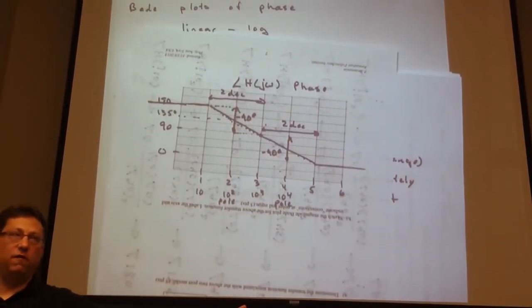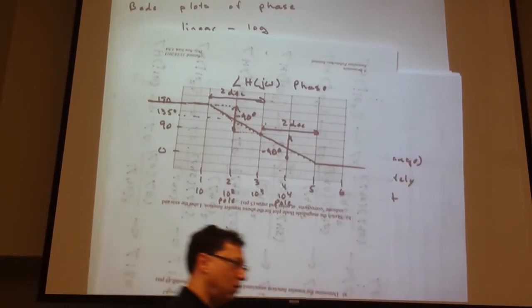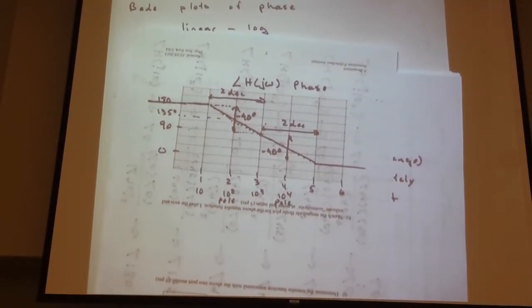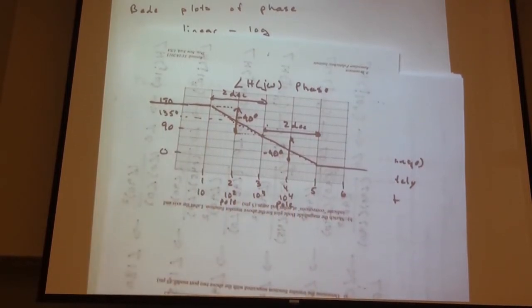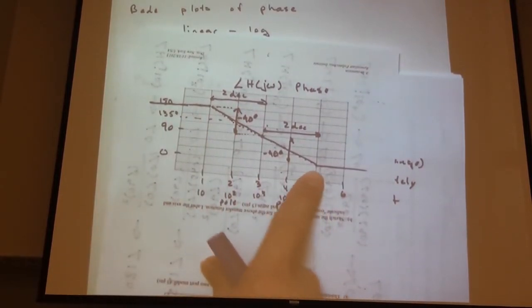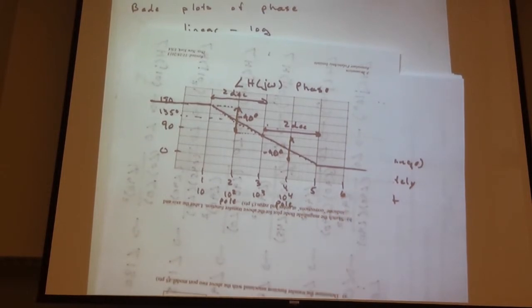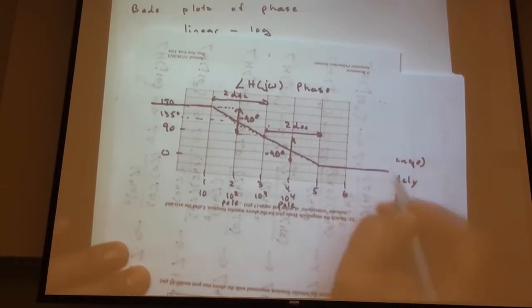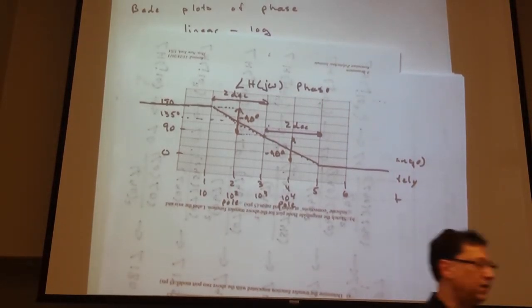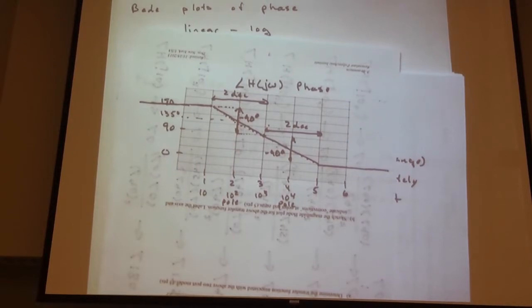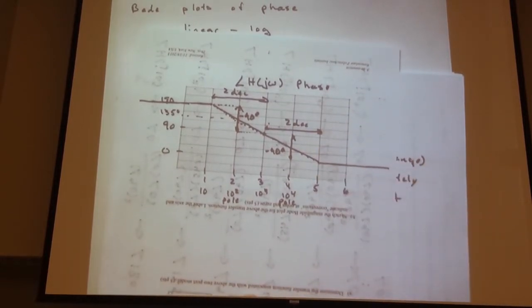So far less than our lowest pole or zero, in this particular case, phase of 180 degrees. Far larger than our highest pole or zero, phase of 0, and it continues onward. So our phase plots eventually reach a horizontal line, different than our magnitude plots, and I've always found this to be a little bit more confusing.